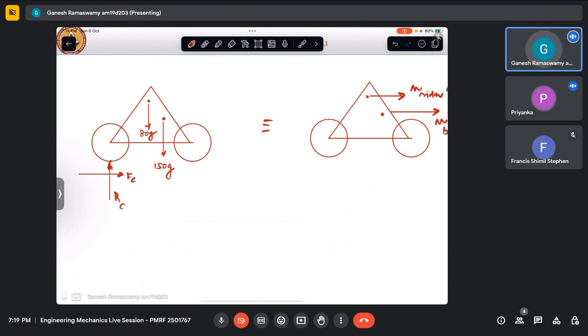If in the absence of friction, it would have gone like that, right? No, this is friction applied on the system by the pavement.